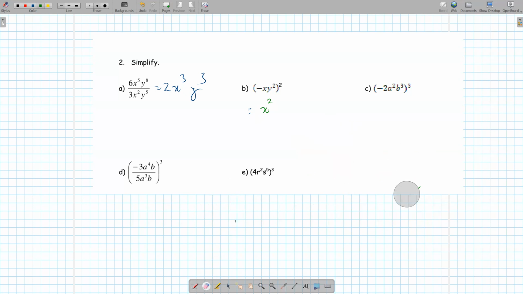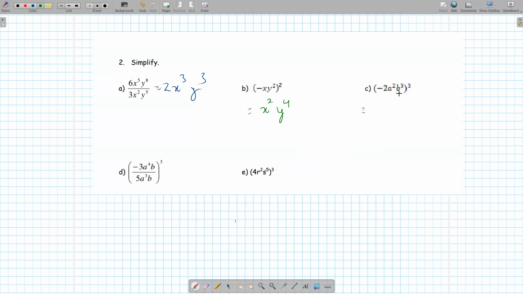So you have x squared, okay? What about y? How many y's do we have? 2. So you have y squared being squared. So 4. 4. Okay, it's just the power of a power rule here.